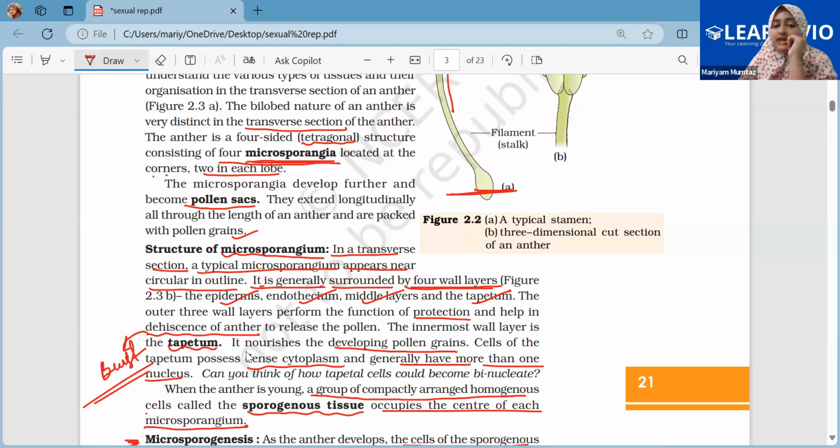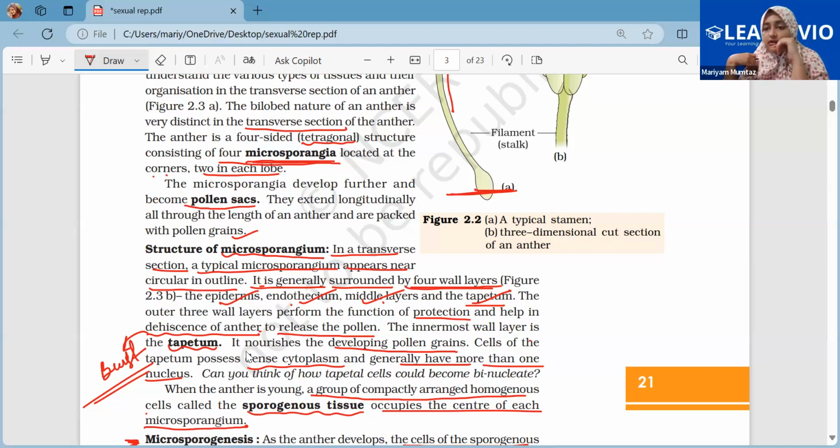They are epidermis, endothecium, middle layer, and tapetum. These are the names of the 4 walls. Now, the first 3 layers, epidermis, endothecium, and middle layer, are responsible for protection and they help in dehiscence of the anther to release pollen. Dehiscence of anther means bursting of the anther.